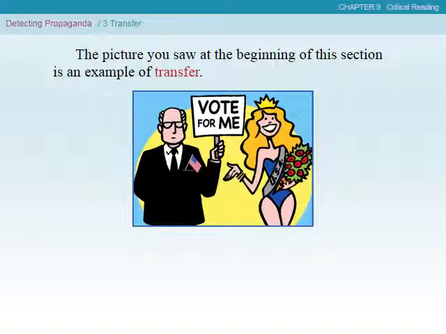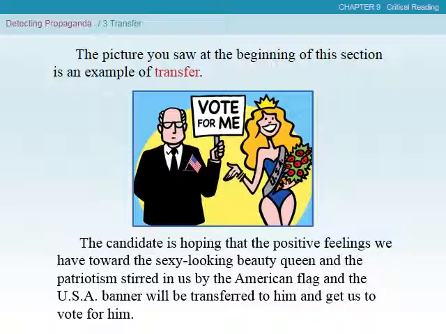So in this one, we have a politician who has an American flag in his pocket. He's also standing next to Miss America, right? So they're hoping that there's some transfer. You see the pretty lady and you think, oh, that guy must be good. Or you see the American flag and you say, well, he supports America, so I'm going to support him. So this is transfer, where you try to associate yourself with something that people like.